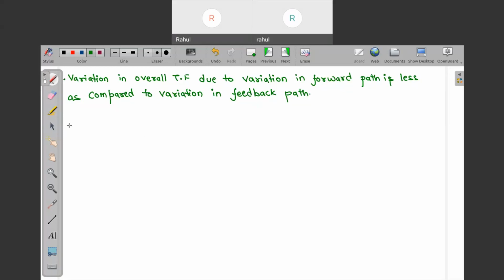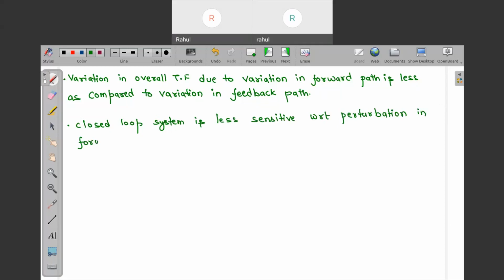So I will write it: closed loop system is less sensitive with respect to perturbations, or you can even write disturbance in bracket, with respect to perturbations in forward path, and is highly sensitive with respect to perturbation in feedback path.